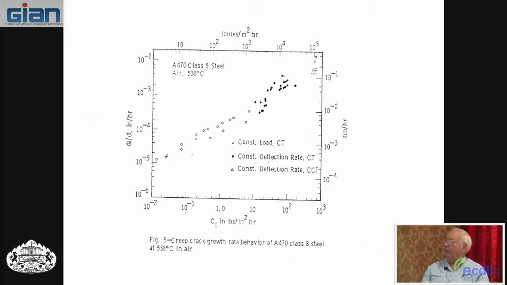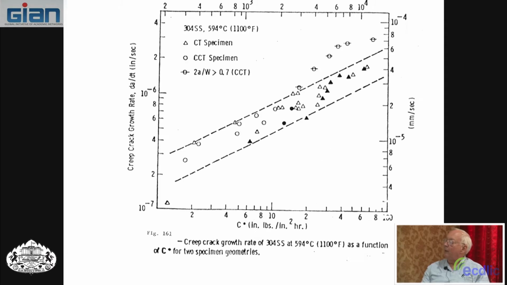Here's another one, and this is using the CT parameter. I might point out the material here, this is a stainless steel, 304 stainless steel. It is somewhat of a high temperature alloy. And 304 stainless steel is austenitic.